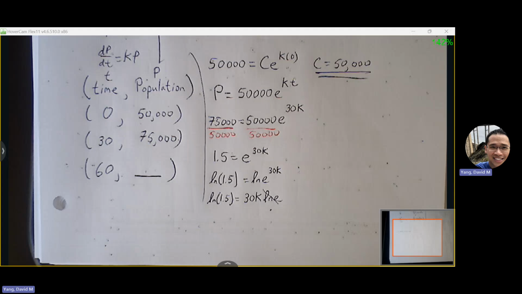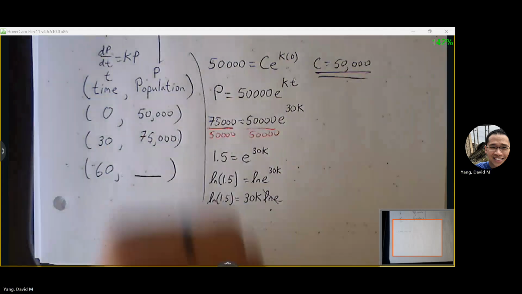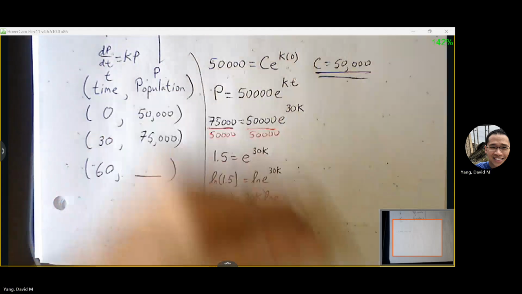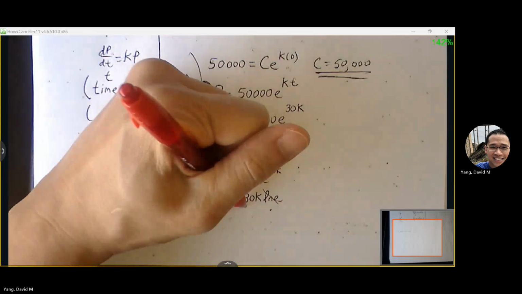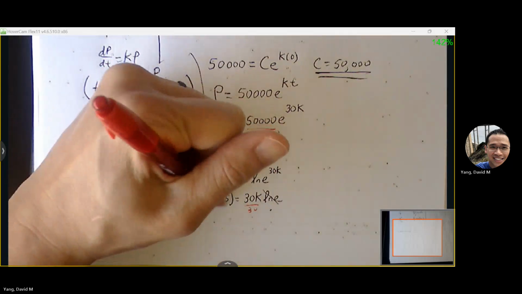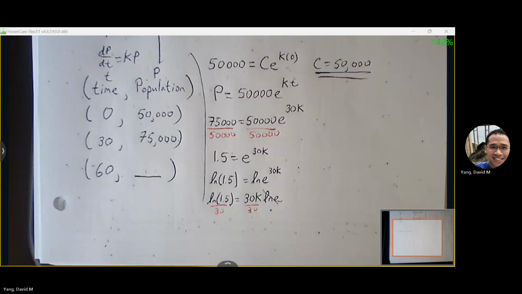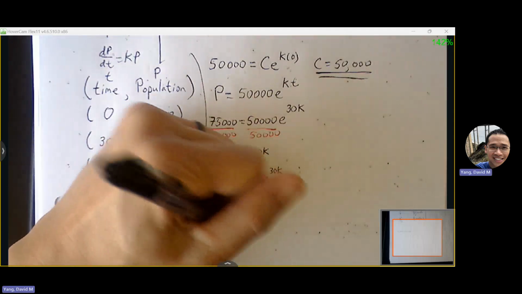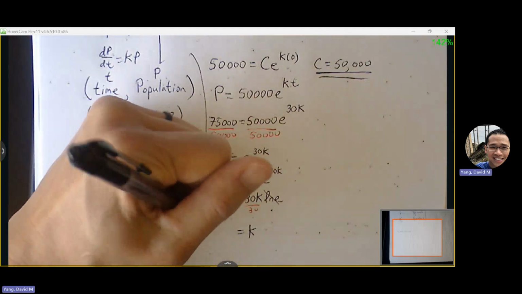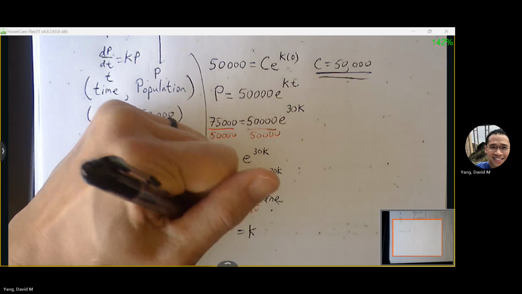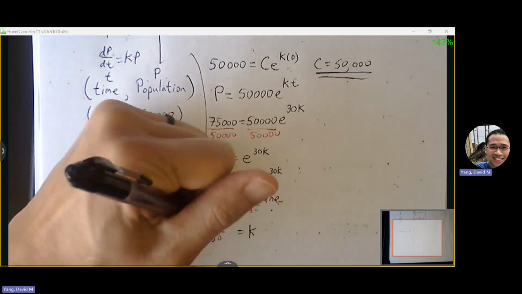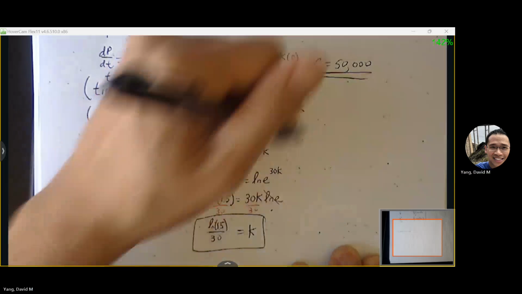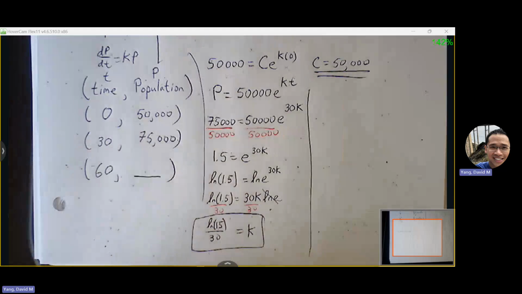Now we can solve for k: divide both sides by 30. So k is equal to natural log of 1.5 divided by 30. Now, we're not at the end yet.